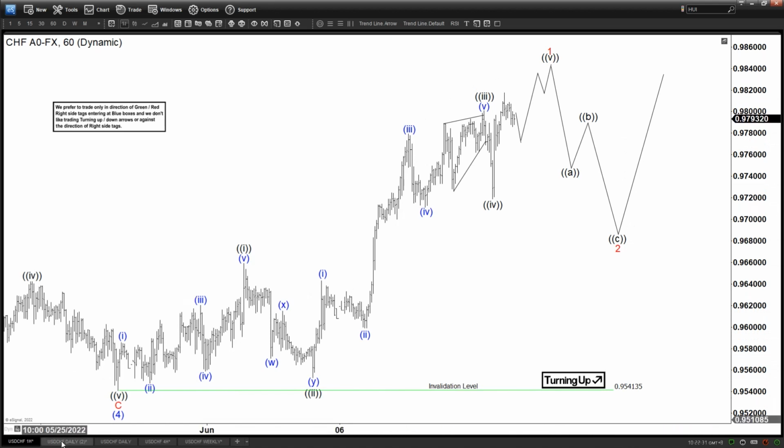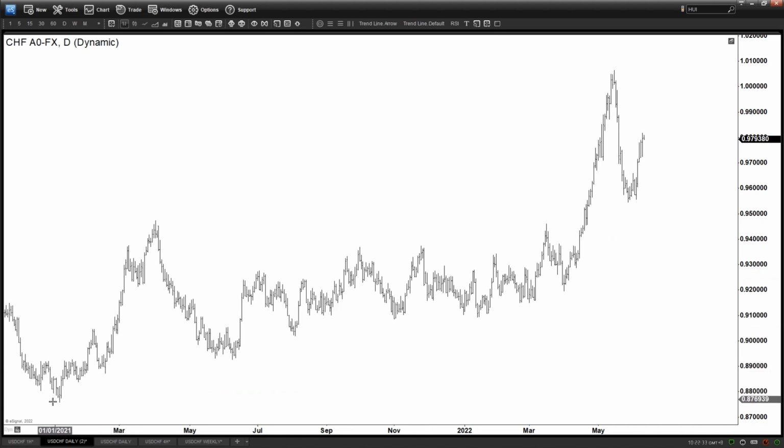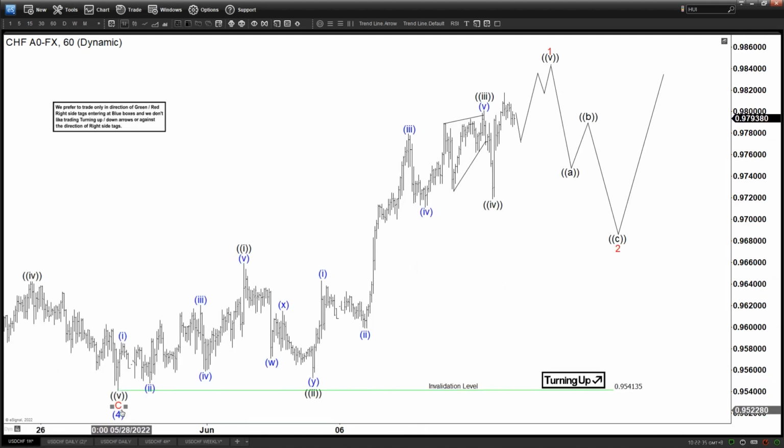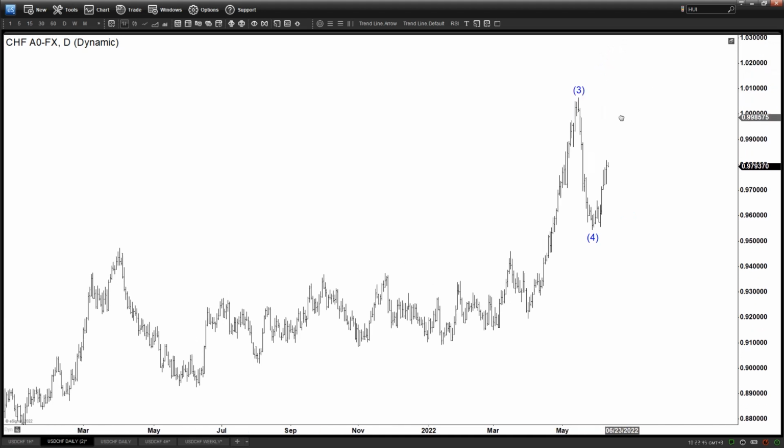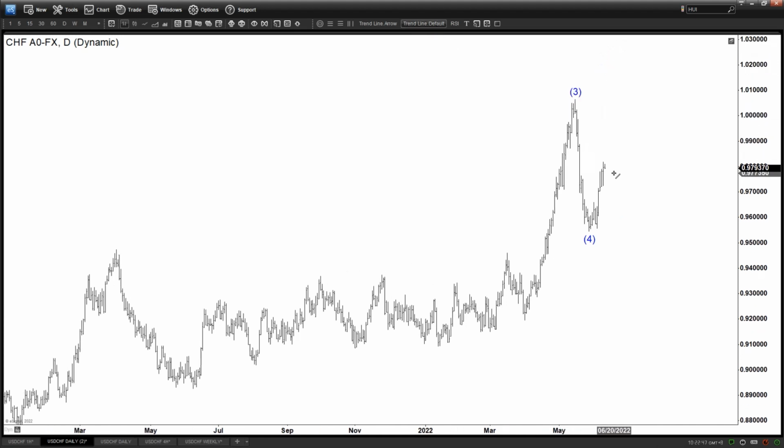Zooming out on the daily, let's move this wave 4 right here. So if this is a 4, that will suggest this is your 3, right? So we're looking for the wave 5, which will eventually break above the previous peak here with 3, right? And this rally again, as we can see earlier in the 1 hour, is 5 waves up.